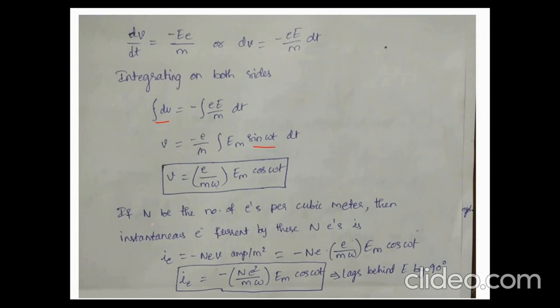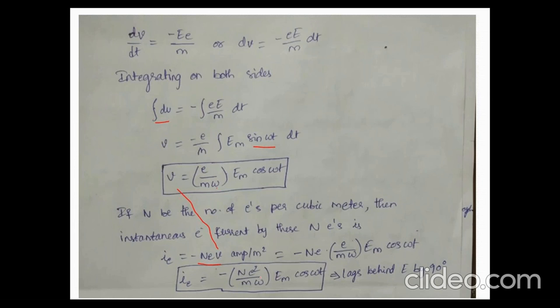If there are n electrons per cubic meter, then the electron current Ie is minus n e into v. Substitute the velocity from here, and it becomes minus n e into e by m omega into Em cos omega t.